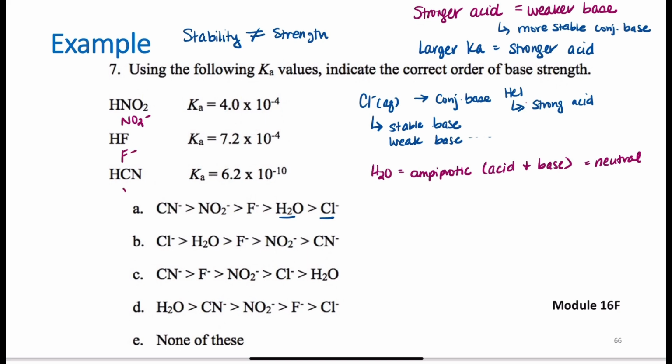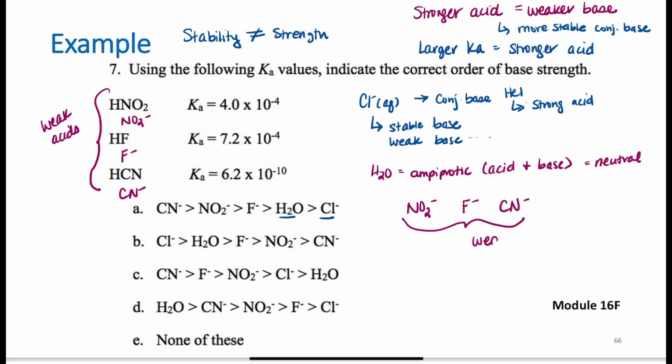The F minus is the base form here. And the CN minus is the base form here. And that's why you see what you see below. These all come from weak acids. So all of these are weak acids, which means that the nitrite, the fluoride, and the cyanide are all weak bases.